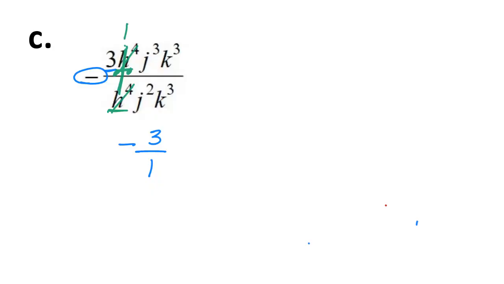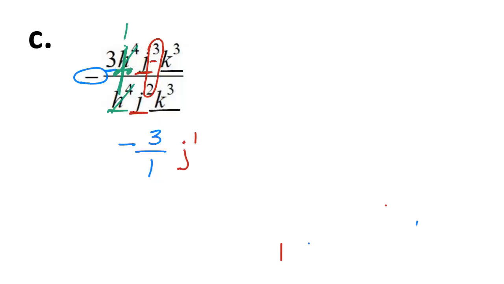All right, so now I have J to the third divided by J squared. Like he said, they have the same base. Put a subtraction sign in between. So that is J to the first. And finally, K to the third divided by K to the third.